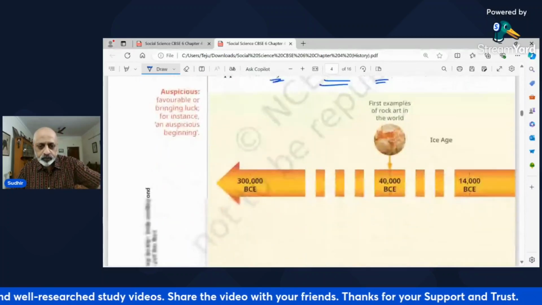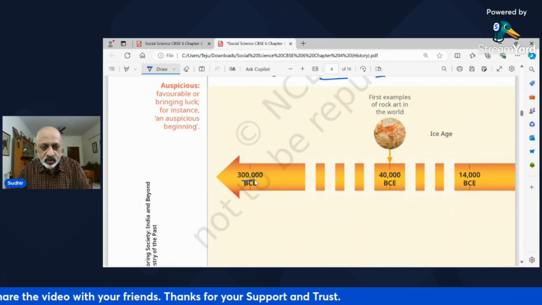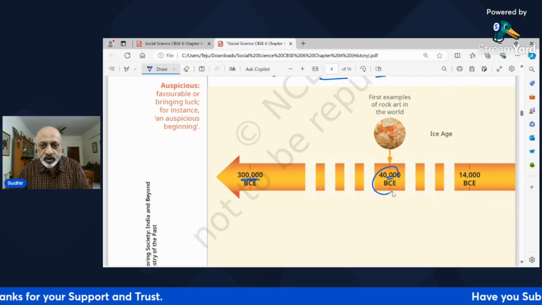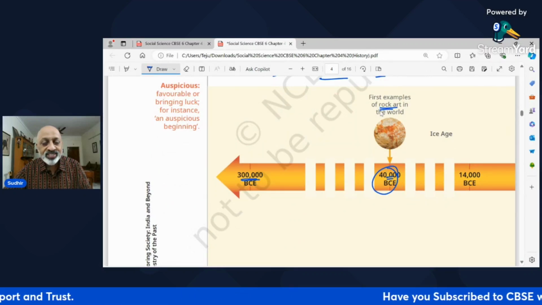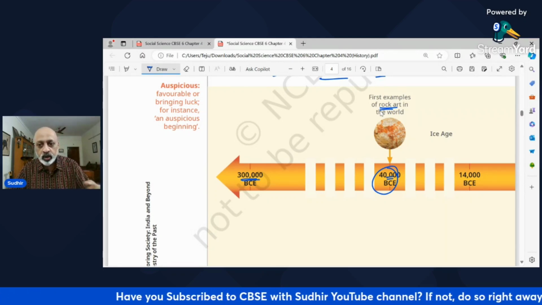Okay, you see here, this is how it works. 300,000 years before Christ, 40,000 years before Christ is when you have the first examples of rock art in the world, which has been established as a result of archaeologists' and geologists' work, right?